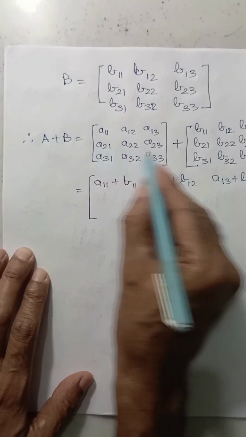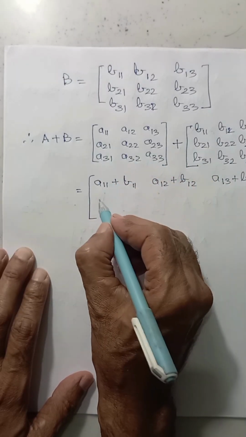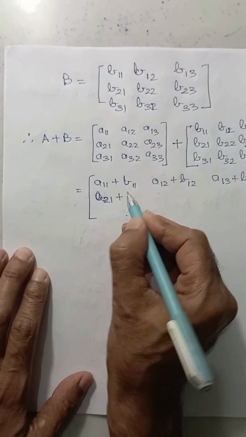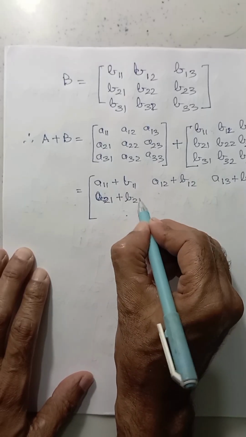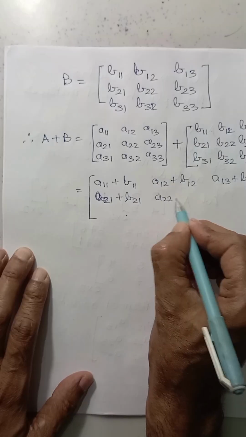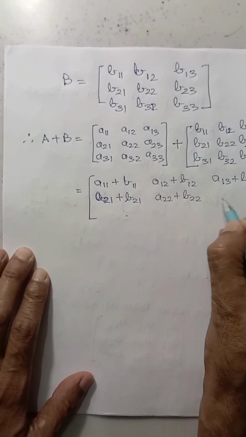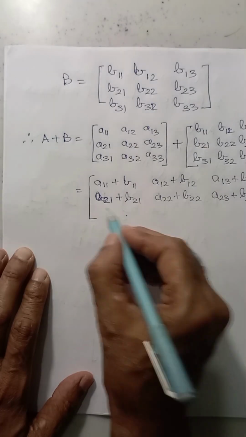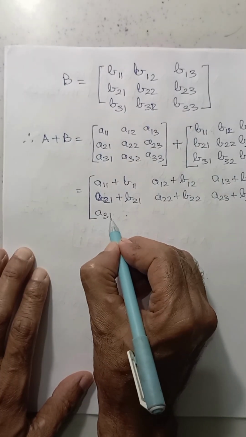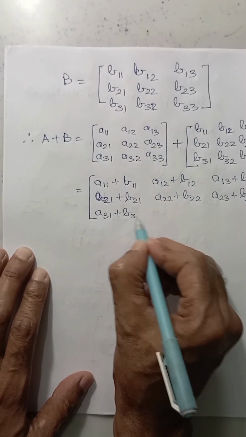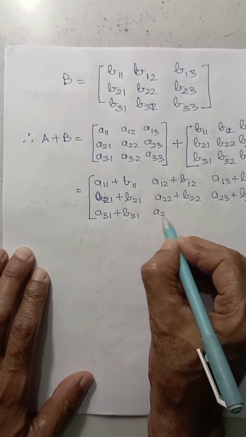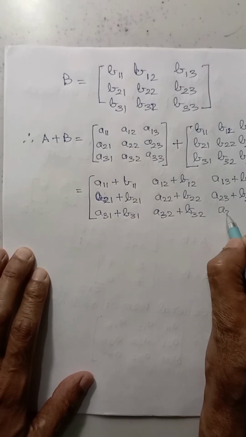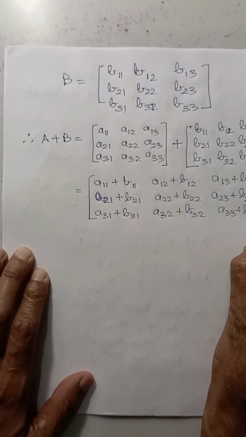Here in the second row, it will be A21 plus B21, A22 plus B22, A23 plus B23, A31 plus B31, A32 plus B32, A33 plus B33.